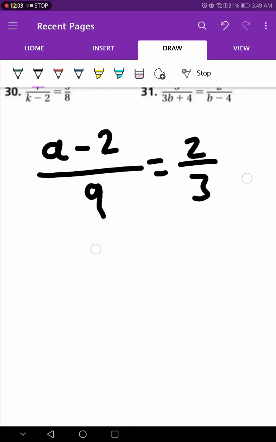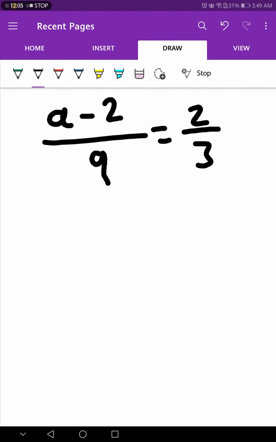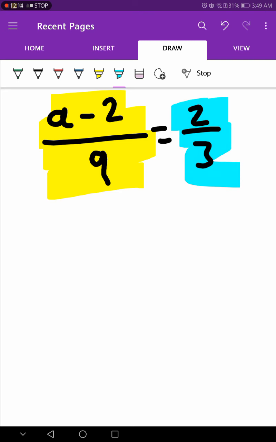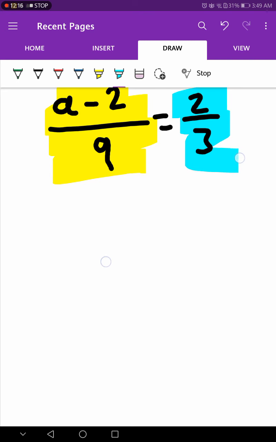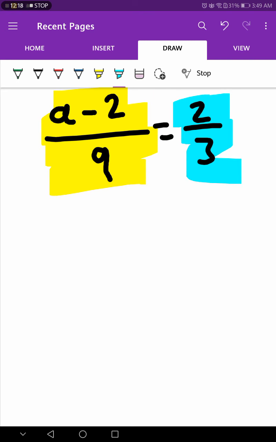You can solve it in two methods. The first method is what we learned before. This is the left side and this is the right side. Here we have a padlock, which is a 9, so we multiply this by 9 and this by 9.